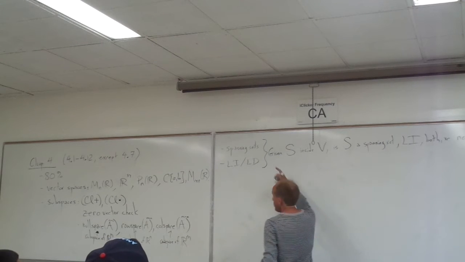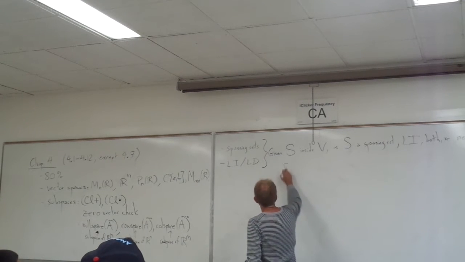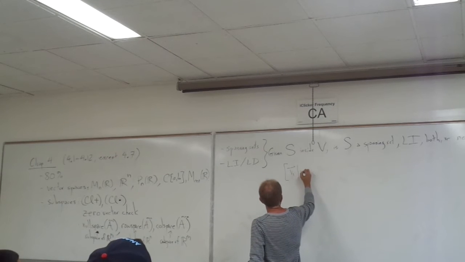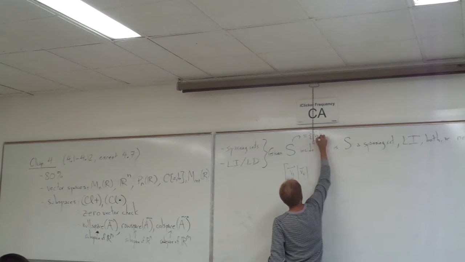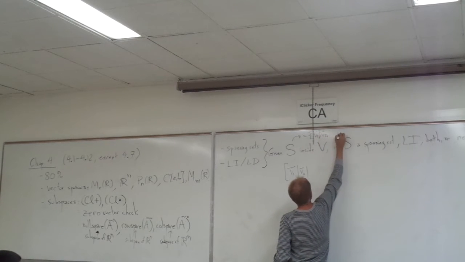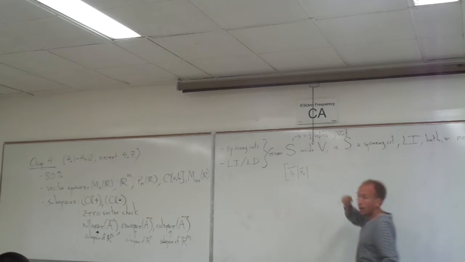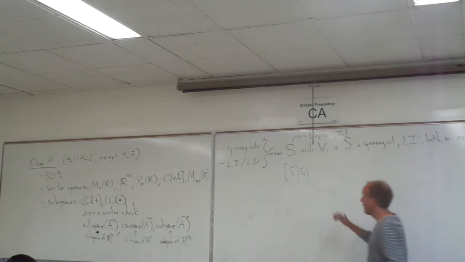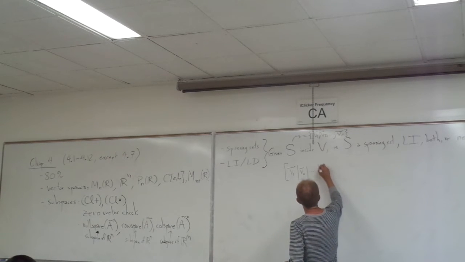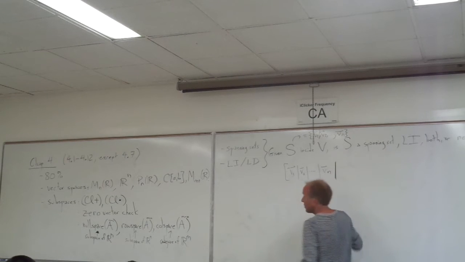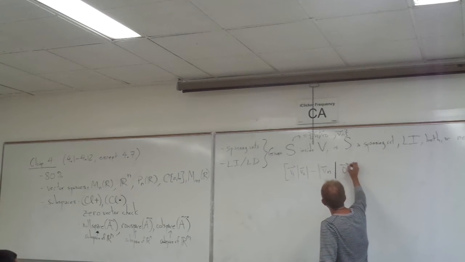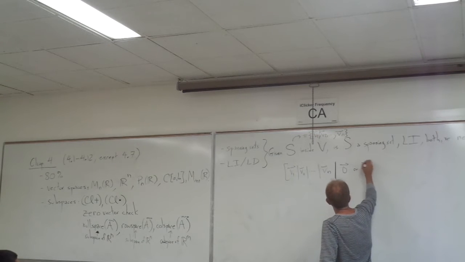These are the kinds of questions you want to be able to address. The general strategy for working with these is also summarized on your handout. If I let S be equal to the vectors v1, v2, up to vn, then from a practical perspective you put your vectors into the columns of the matrix and you augment it either with 0 or with numbers.